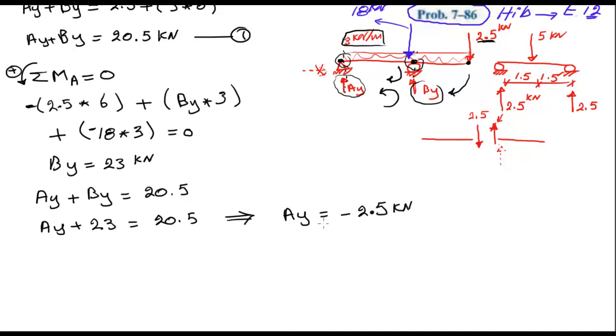So now we have AY and BY, which is 23 kilonewtons, and what else do we have?